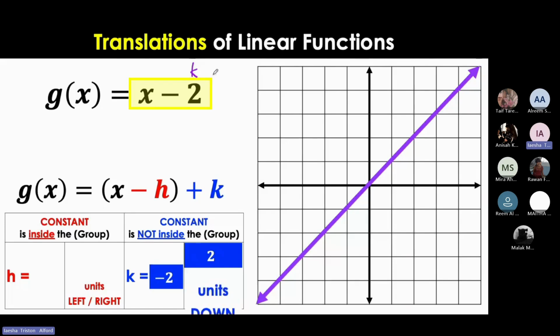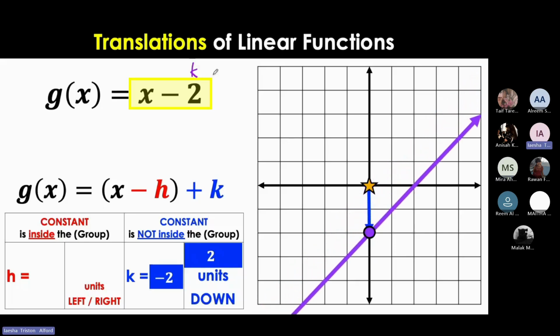Okay, so this line is starting here at 0. The y-intercept is 0. We have to move it down. How many did you say? 2. So the line has to go down 2 spaces. This is all.